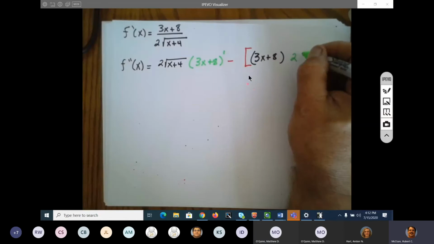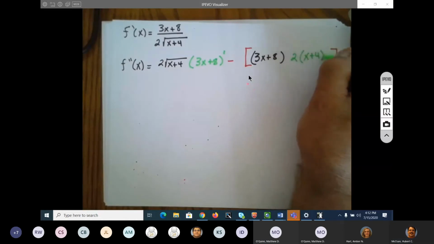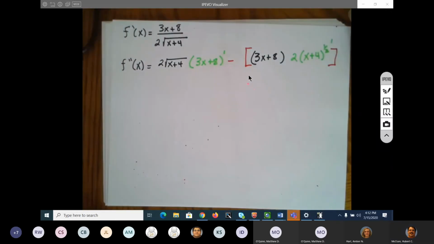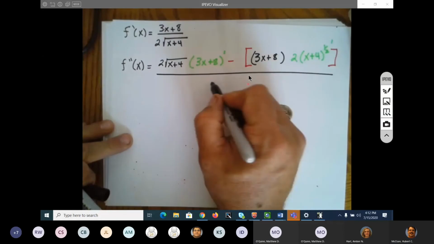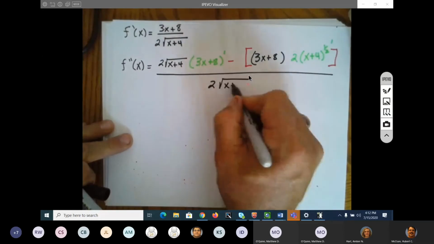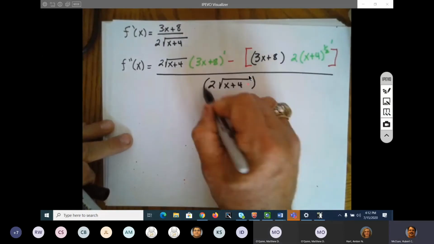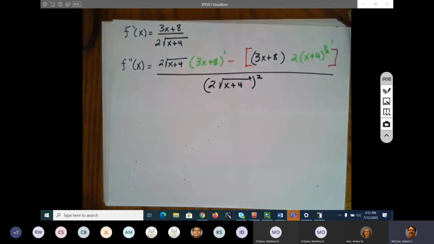Thank God for the chain rule. Over the denominator squared. That's what you should be starting with.